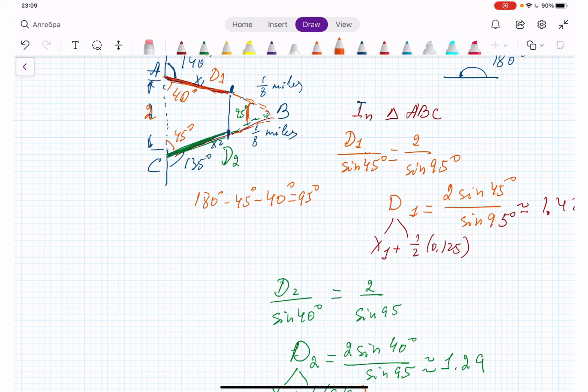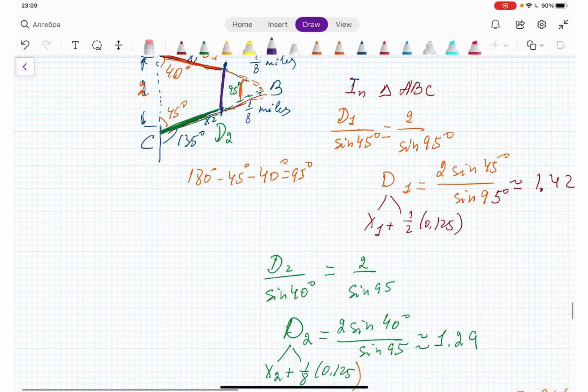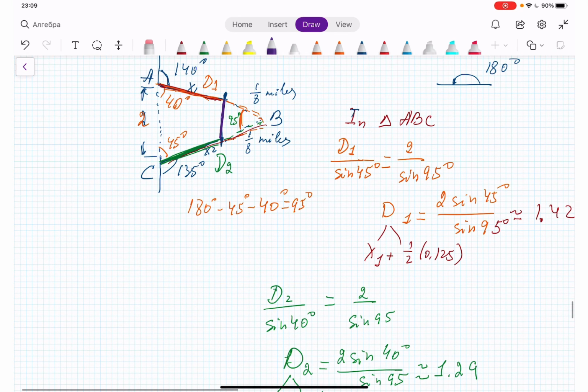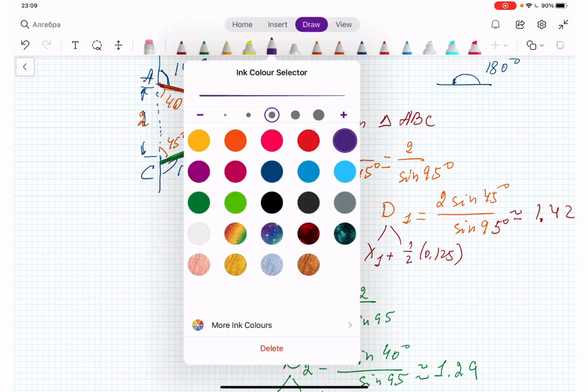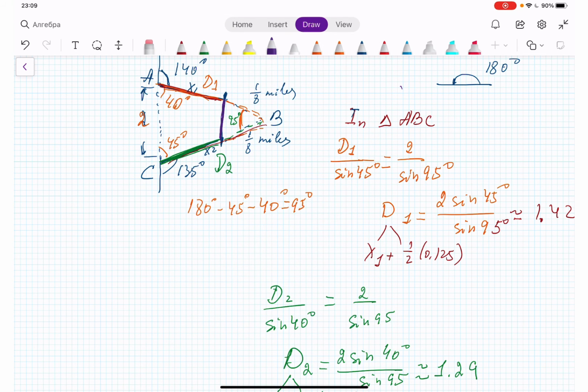Now what we need to find out is this horizontal piece. How are we going to find it? Same triangle again. I'll use a black color so it's clear that I'm doing the solution for distance in black. If this is 95 degrees and we have an isosceles triangle, then these two angles are equal.